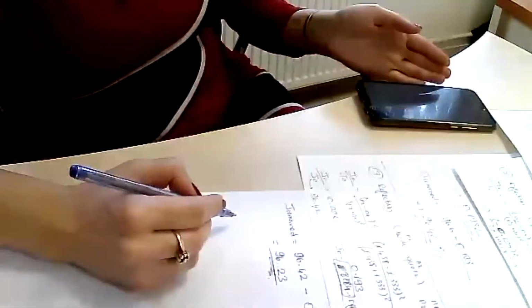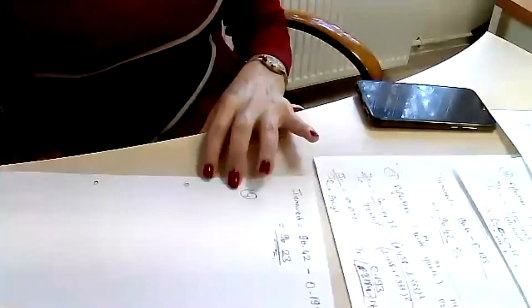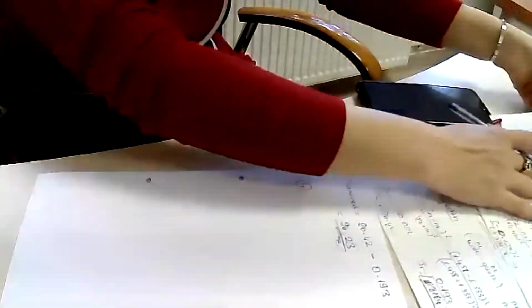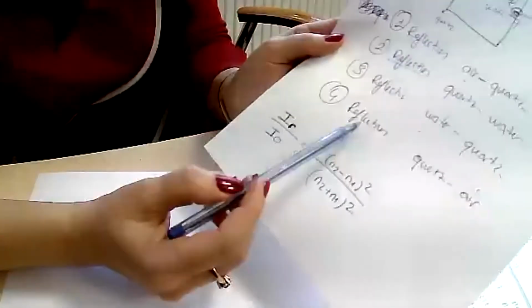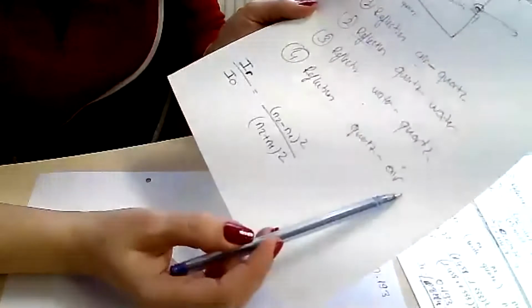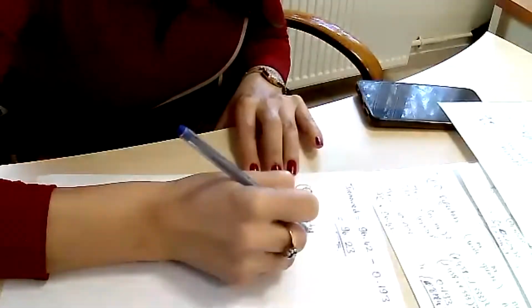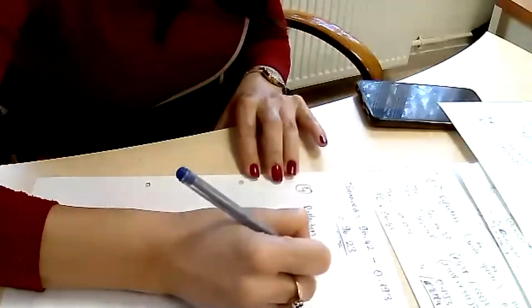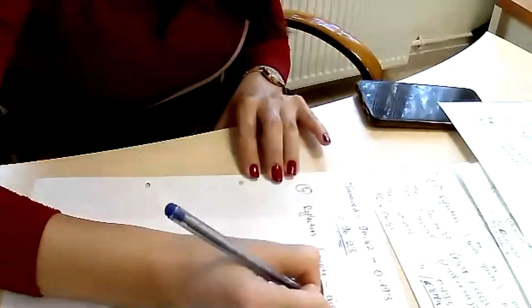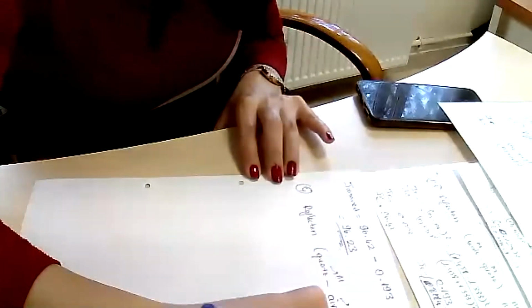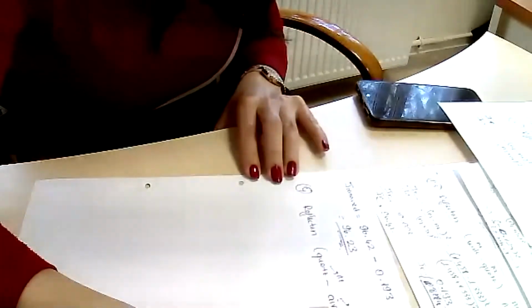So the last reflection is here, the fourth one. Please remember the fourth one: reflection at the quartz-air interface. So now N1 is quartz and N2 is air.